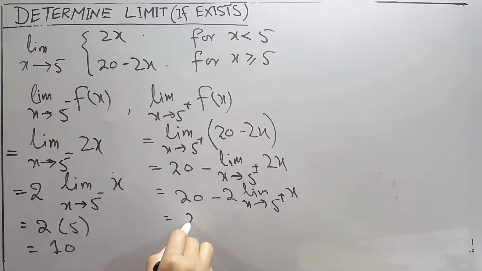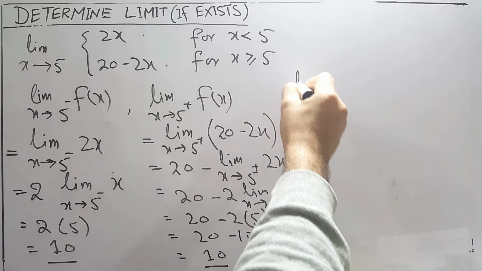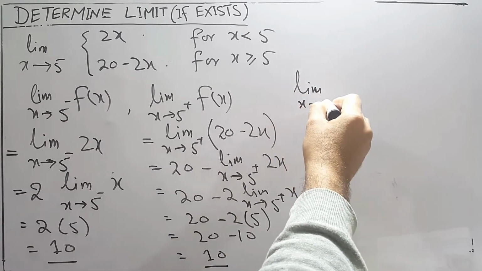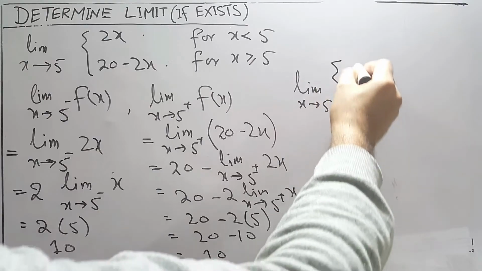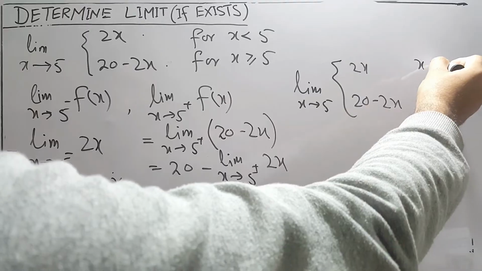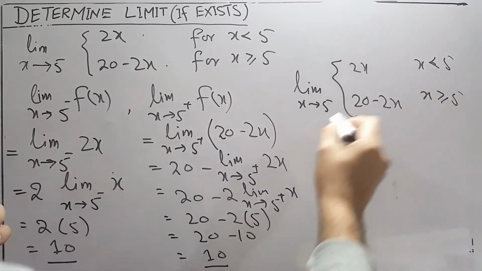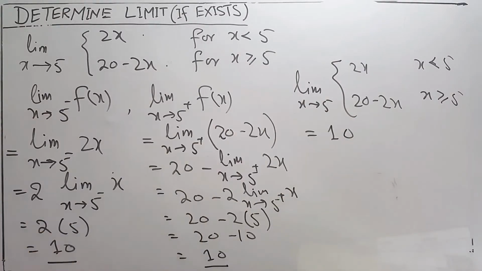Now again, just apply the limit, -2 times 5, 20 minus 10, you have 10. So we can see that the right hand limit and the left hand limit are both 10, so you can say that the limit as x approaches 5 of 2x when x is less than 5, and 20 minus 2x when x is greater than or equal to 5, is equal to 10.